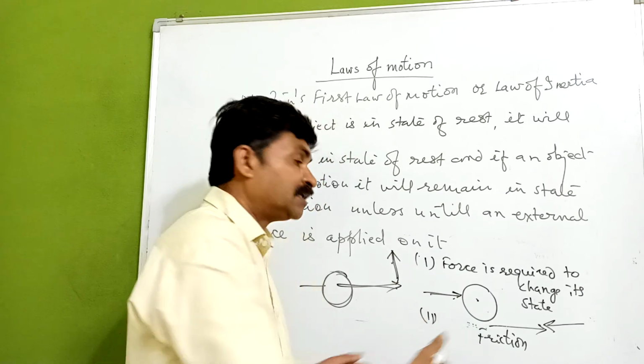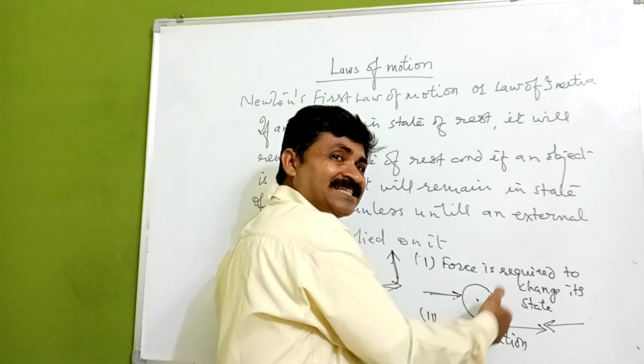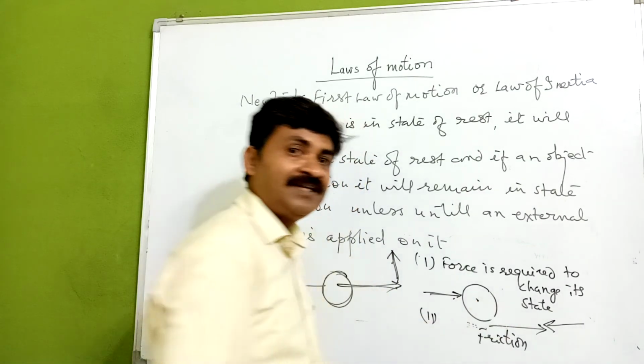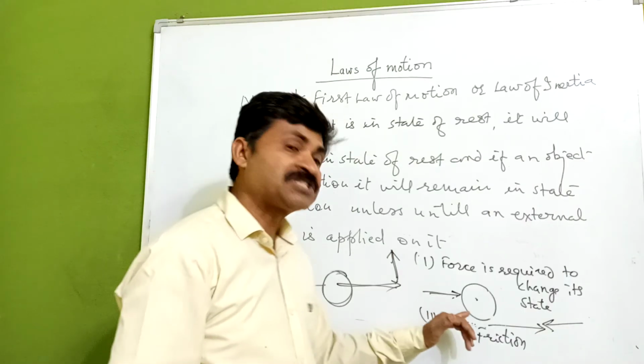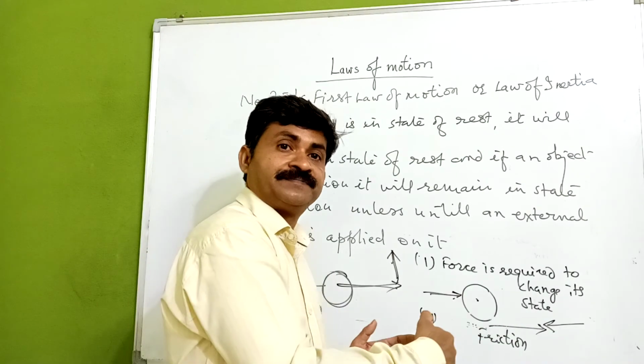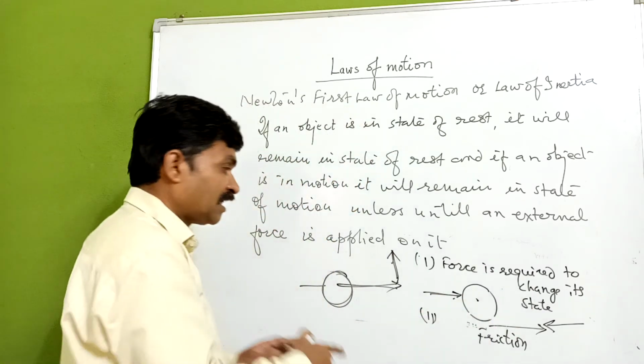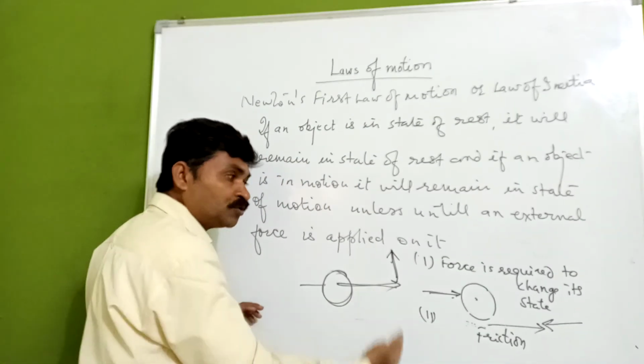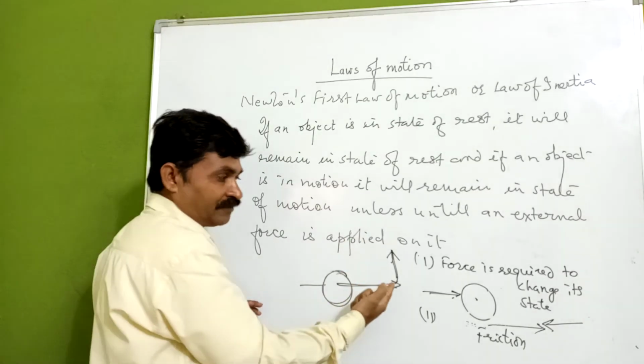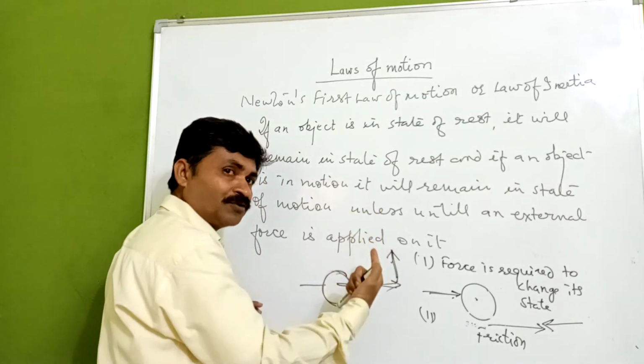It is clear that if we want to decrease or increase the speed of the ball, an external force is required to keep it in a state of motion or keep it at rest. Similarly, if this ball is moving and we want to change its direction, we need to apply a force.